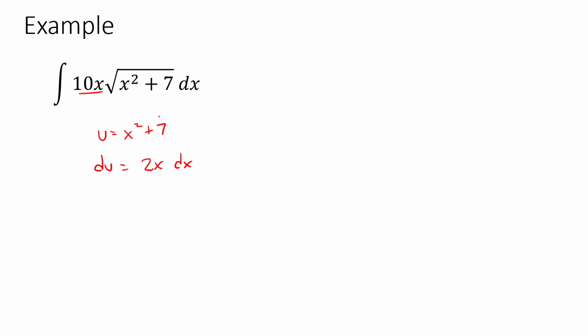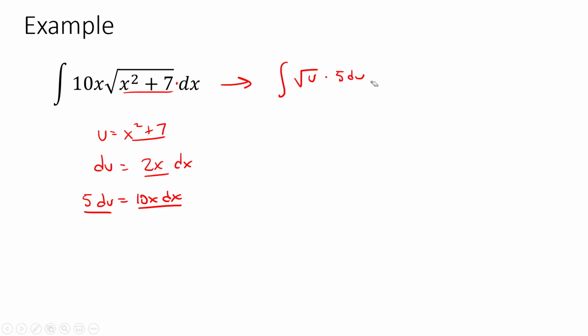But now I wanted 10x, but I only have 2x, so I'm just going to multiply both sides by 5. Now we're going to rewrite the integral as the square root of u times 5 du. I could just move the 10 over here, put the 10x and the dx together, and replace that with 5 du. Like last time, we pull the 5 to the front.